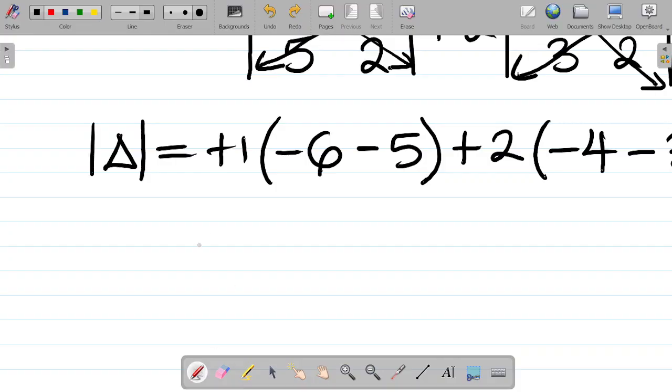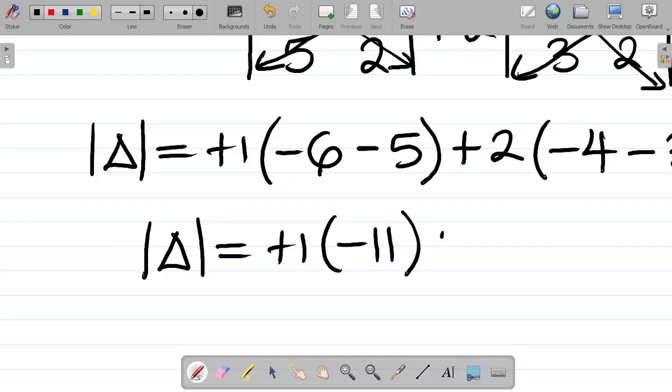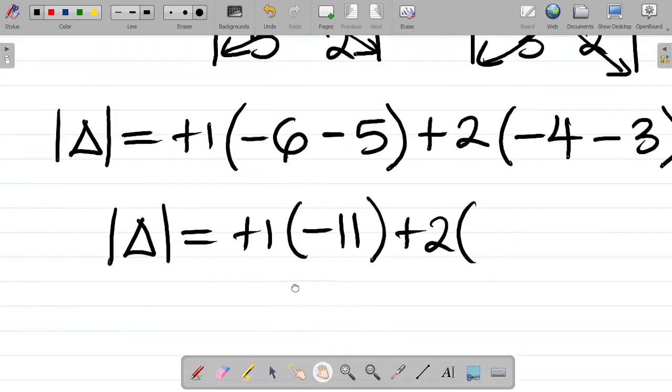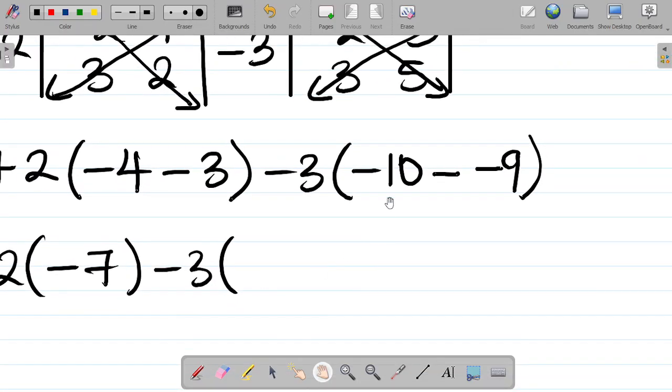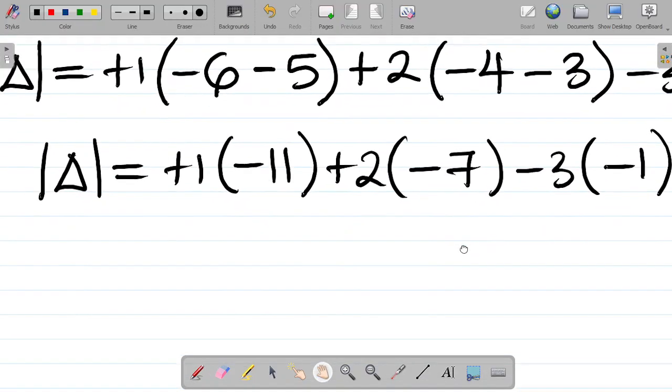That means the determinant of lambda is equal to plus 1 into minus 6 minus 5 gives you minus 11, plus 2 into minus 4 minus 3 is minus 7, minus 3 into, if I solve this, I have minus 10 minus minus 9. So minus minus gives you plus 9. Okay, so minus 10 plus 9 gives you minus 1. So I have this. All right, let's solve this and see what we get.